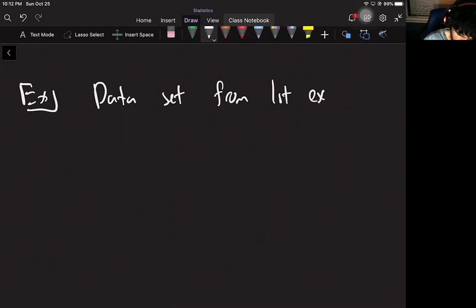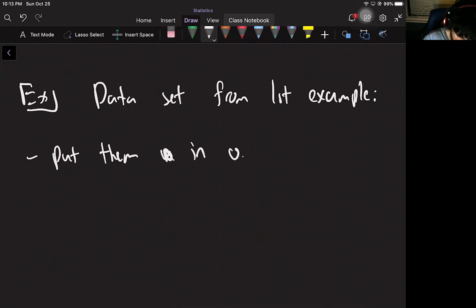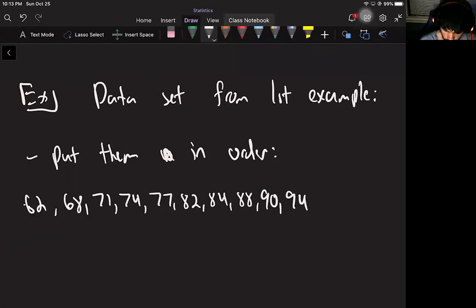So that data set is actually from a bunch of student scores. So I'm going to put them in order for you, but if you want to practice doing that, you can scroll up in your notes or rewind the video and try it. But I'm just going to put them in order here magically with the help of technology. Okay, so I've put them in order.